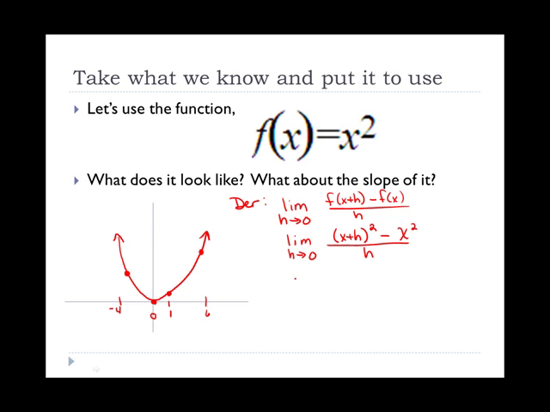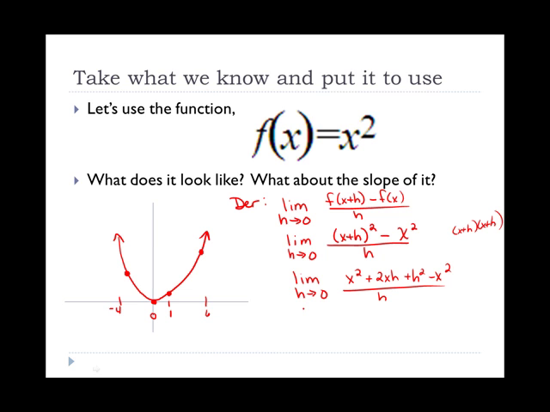So now I need to clean this up, and so the limit as h goes to 0, I've got to multiply all that out, so I have to do x plus h times x plus h. So that gives me x squared plus 2xh plus h squared minus x squared all over h.